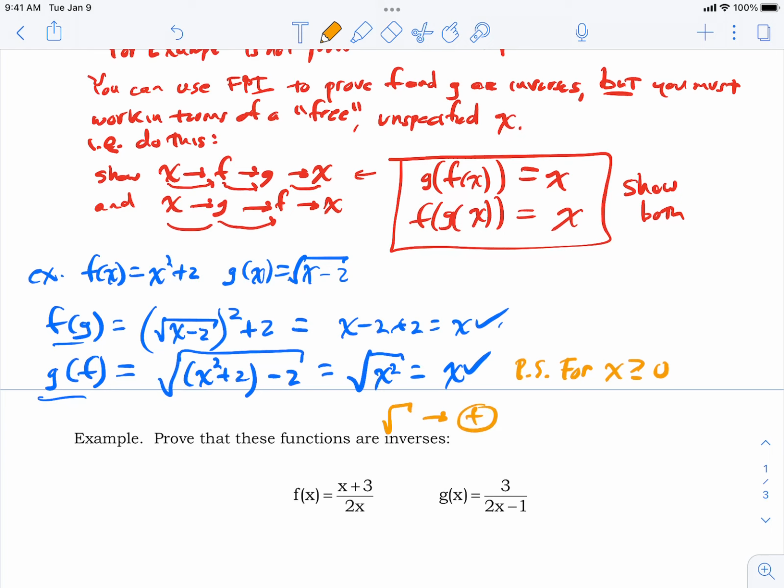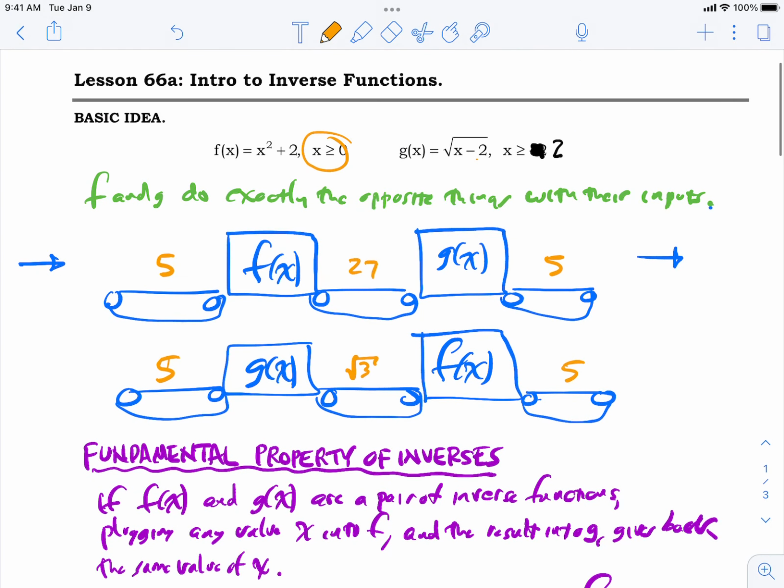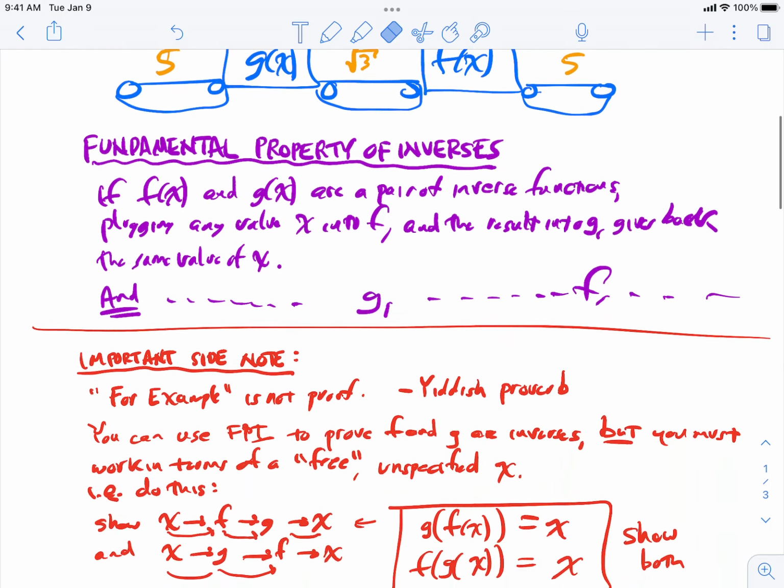And this function, there was no plus or minus in front. In fact, if there was, it wouldn't be a function, right? It would fail the vertical line test. There was no plus or minus in front, so you can't put one in here. So anyway, what I'm saying is, yes, this works, but we have a domain restriction. X has to be greater than or equal to 0. Luckily, they did say that in the first place. So happy. Life is happy.